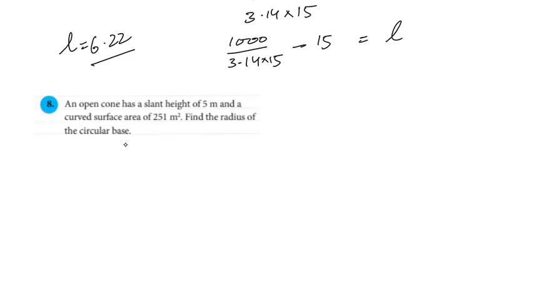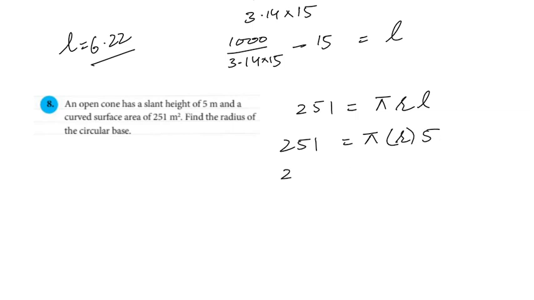Radius of the circular base is basically the radius of the cone. So we are given the curved surface area, which is equal to 251. The formula for the curved surface area is pi RL. Putting the values, we get 251 equals pi as it is, the value of R we need to find, and L is equal to 5.